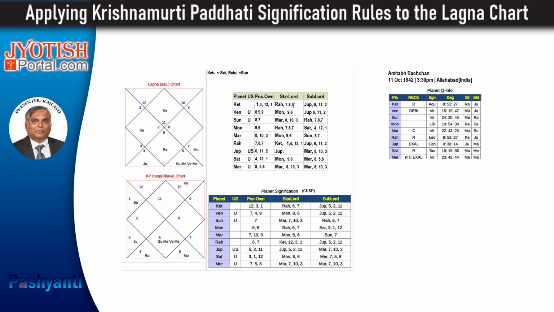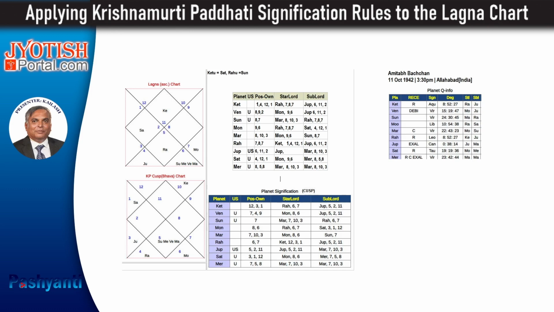So now we have populated the planet signification according to the Lagna chart. All these values have been populated, and you can compare with the cusp planet signification. I've already given it here for an offhand comparison.